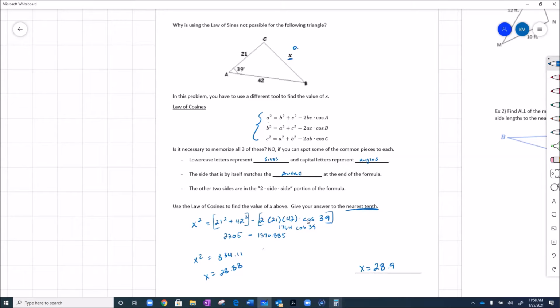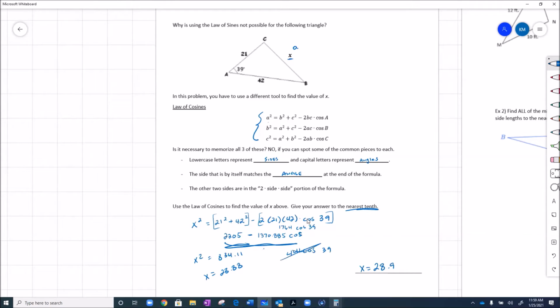Here's a super common mistake, guys. Super common mistake in this problem. You'll see that we avoided it because we've separated them. But a common mistake is that a lot of people will take 2205 minus 1764, and then do 441 cosine 39.